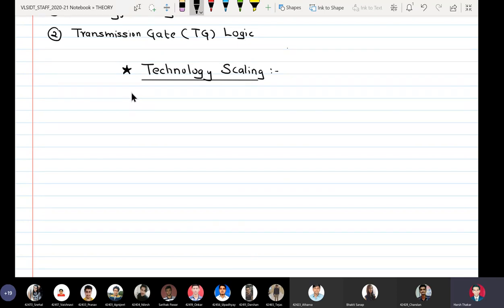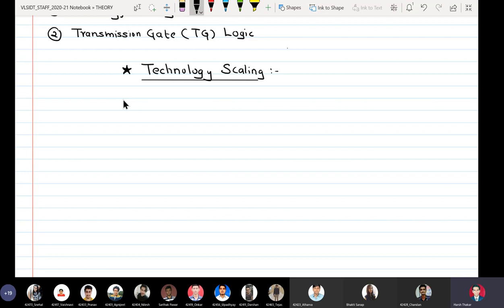As the years have gone by, in the year 1971, Ted Hoff launched the world's first 4-bit microprocessor from Intel, that is the 4004. It had only a few thousand transistors. At that time, the smallest transistor fabricated on the silicon wafer had a channel length as large as almost 1500 nanometers, that is 1.5 micrometers.